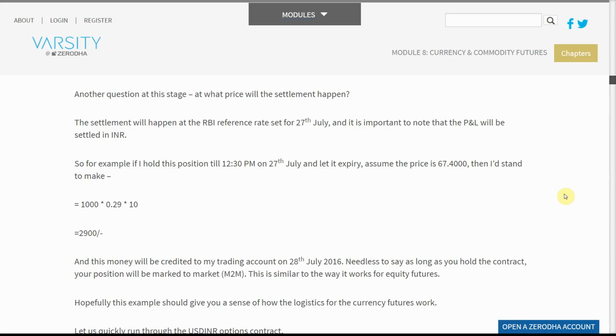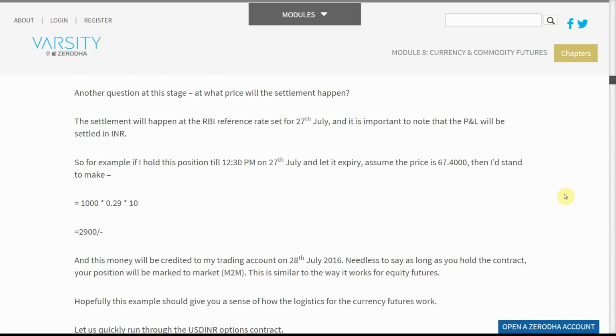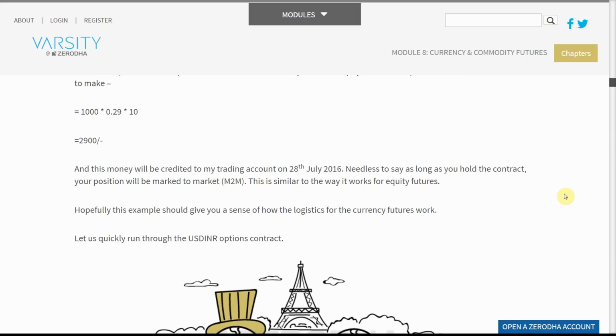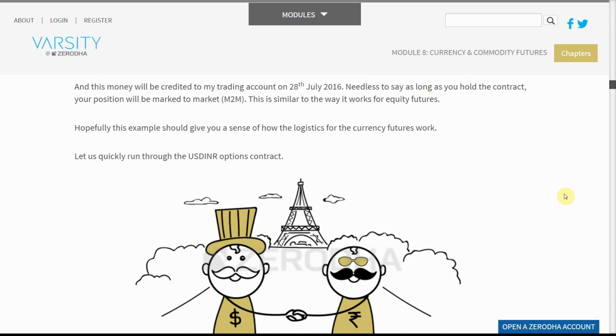So for example, if I hold this position till 12:30 p.m. on the 27th of July and let it expire, assume the price is 67.4000, then I'd stand to make = 1000 * 0.29 * 10 = 2,900. And this money will be credited to my trading account on the 28th of July 2016.